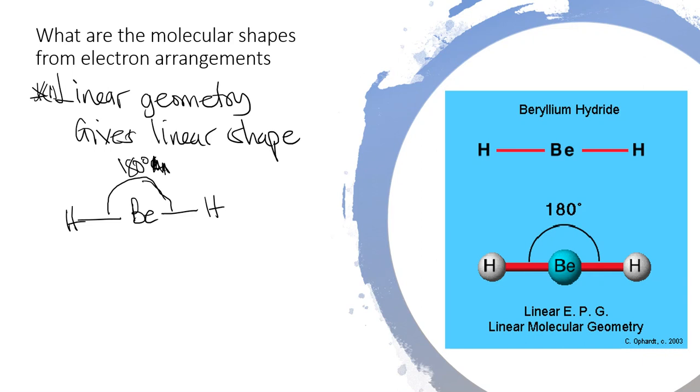Another question is, why do we have an angle of 180 degrees when the central atom is surrounded by 2 electrons?